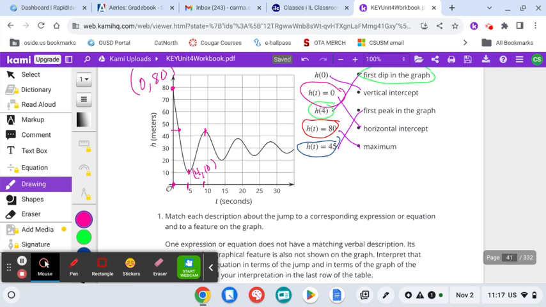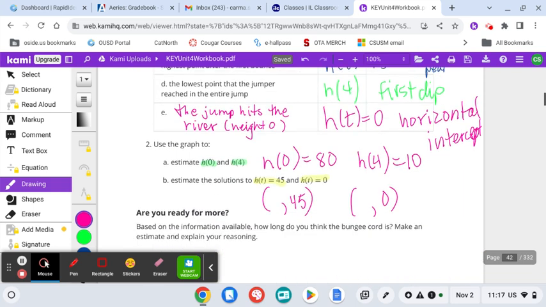So I'm going to say 9 at 9 seconds. So we would say h of 9 equals 45. Again, we're estimating. And then what about 0? There isn't one. Luckily, we didn't hit the river.